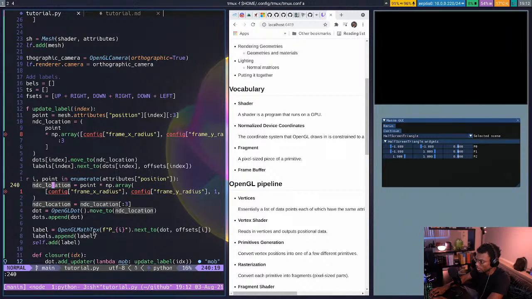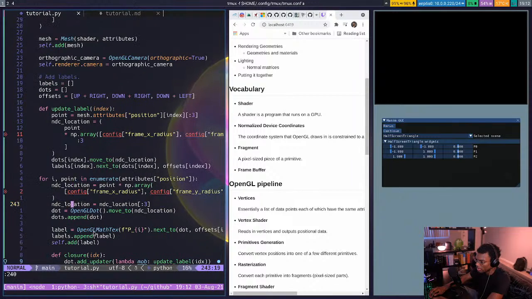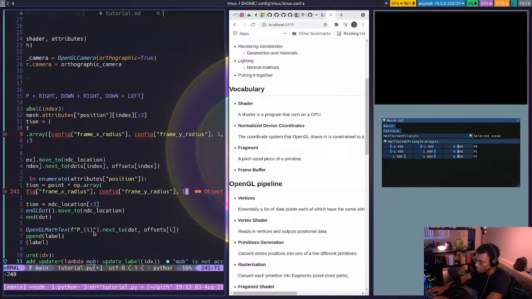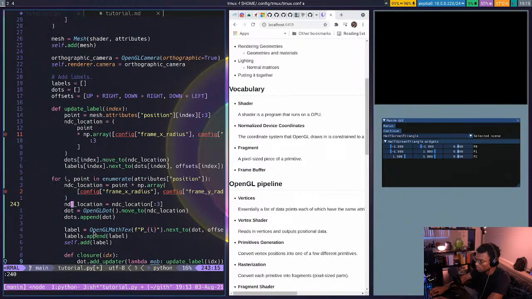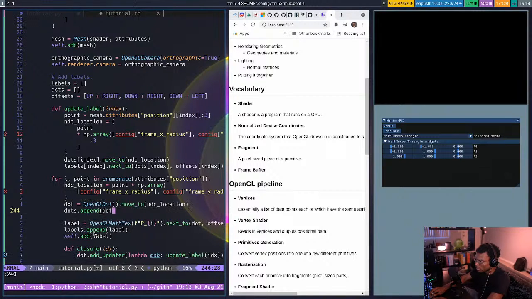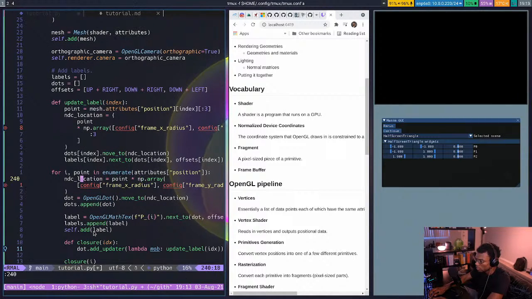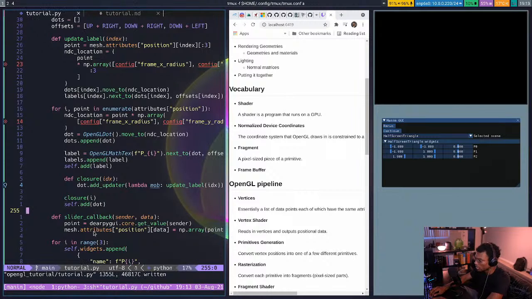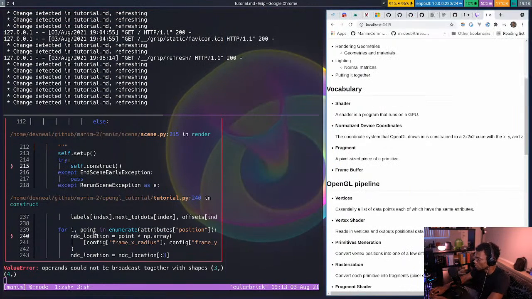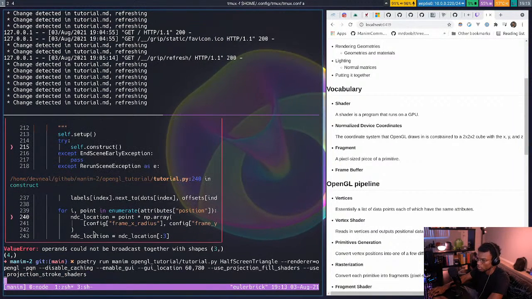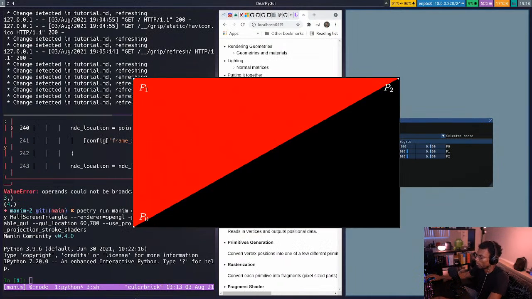NDC location. Why did I need that? Oh, I didn't. So we want point. I'll have to take out this one. Then I won't have to do this. Okay, let's see if that works any better. Great.